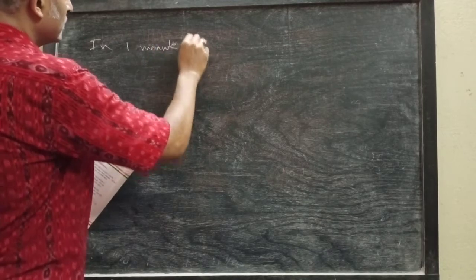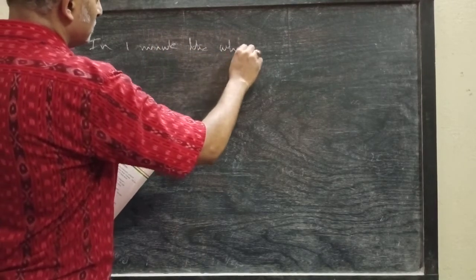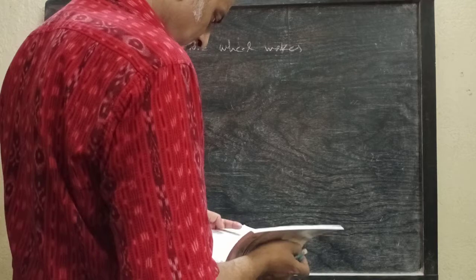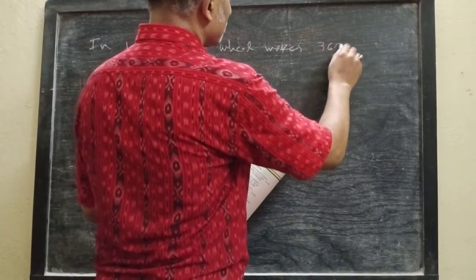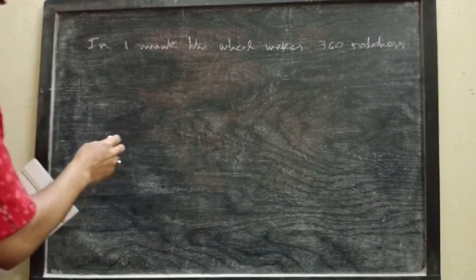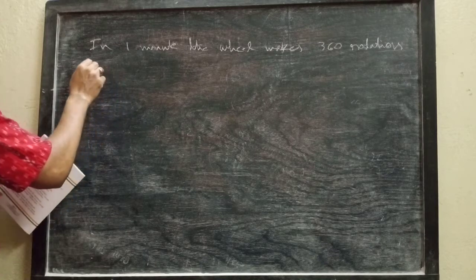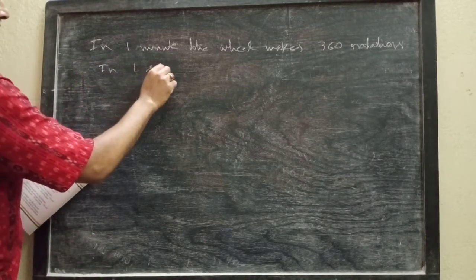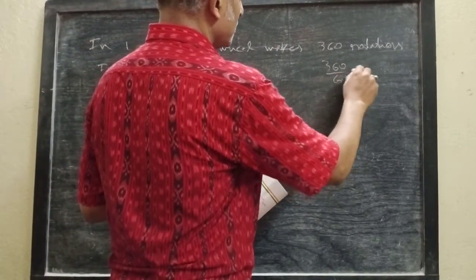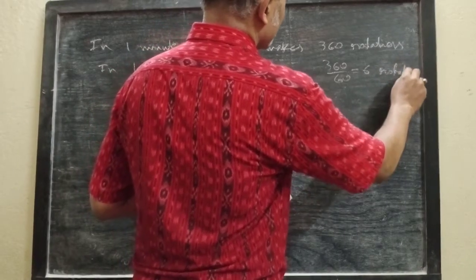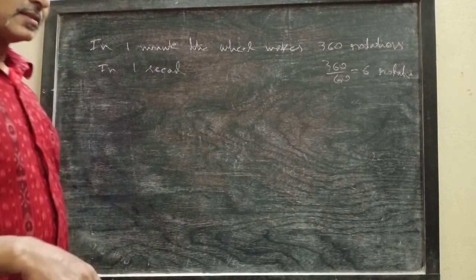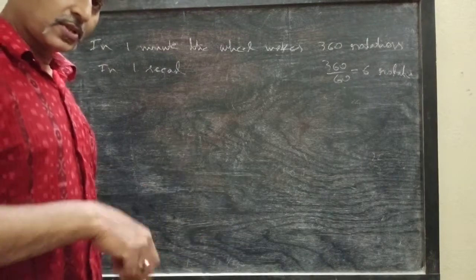In 1 minute, the wheel makes 360 rotations. One minute means 60 seconds. So in 1 second, the wheel makes 360 by 60, that is 6 rotations. Now you know 1 rotation means the wheel goes through 2 pi radian, because 1 full rotation is 2 pi radian.